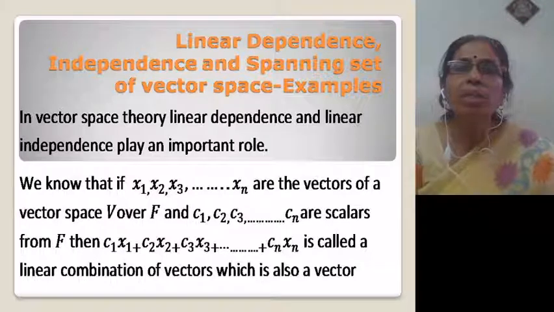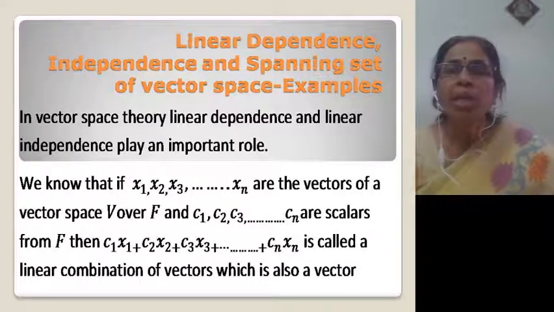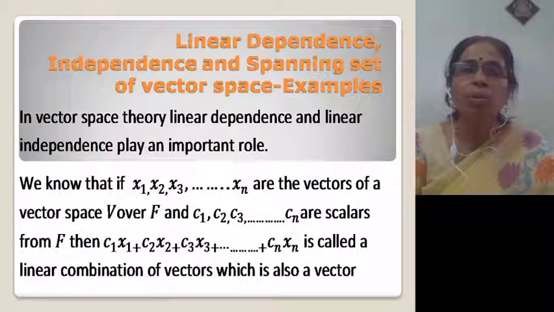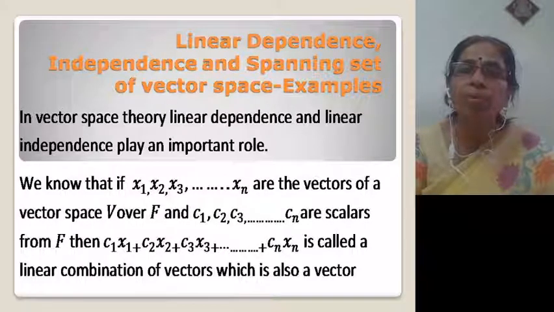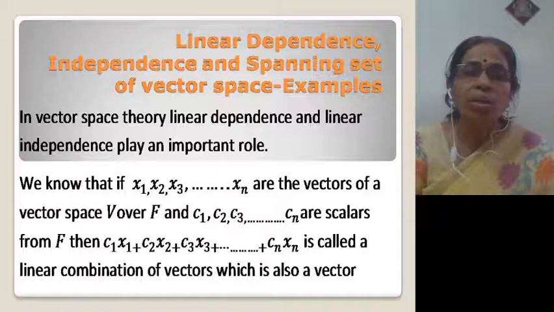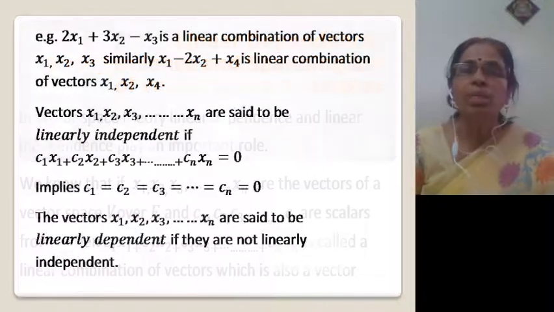In vector space theory, linear dependence and independence play an important role. We know that if x1, x2, x3, and so on xn are vectors of a vector space V over the field F, and c1, c2, c3, and so on cn are scalars from the field F, then c1 x1 plus c2 x2 plus c3 x3 plus and so on cn xn is called a linear combination of the vectors, which is also a vector.